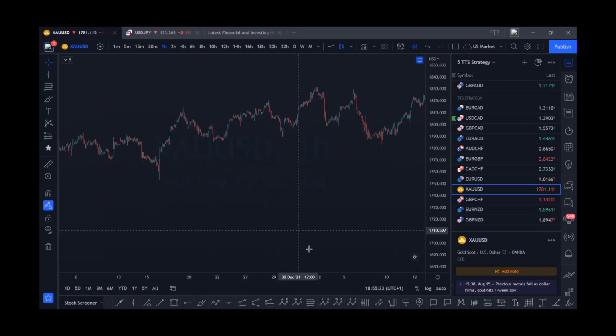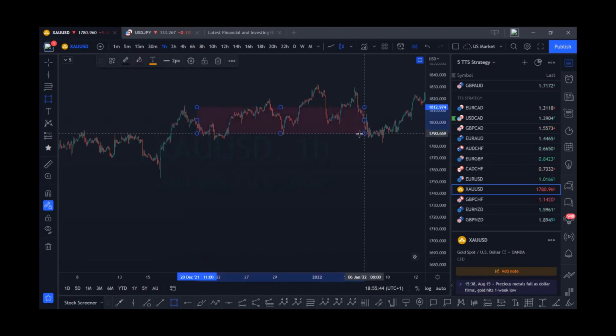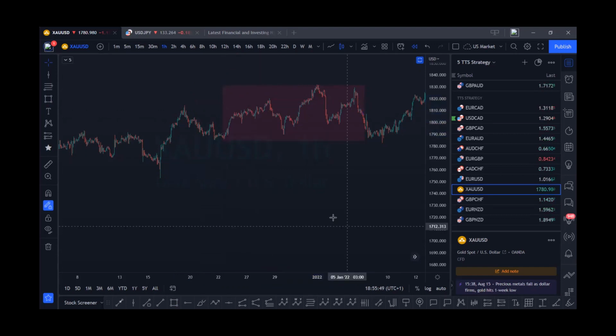Now look at what the price did between here, what the price did here, look at what it did there. It went down, up, down, up, down, up, down. Is this an uptrend?